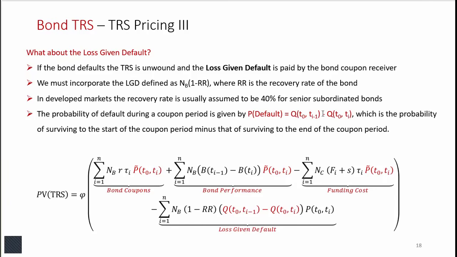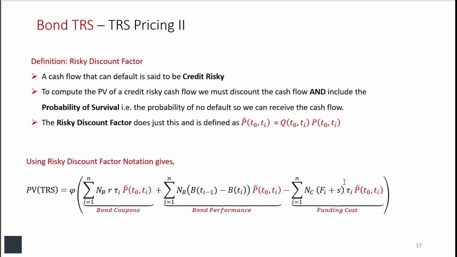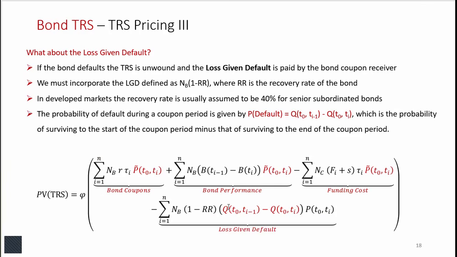If you take the difference in surviving to the start minus surviving to the end, that captures the probability of default. And that's this expression down here, this minus term at the bottom. So we've got our bond coupons, our bond performance, our bond funding cost, like what we saw on the previous slide. And now we've got this extra term, which is the loss given default.